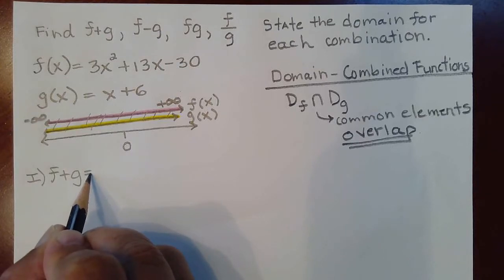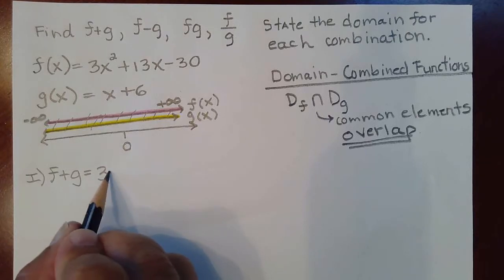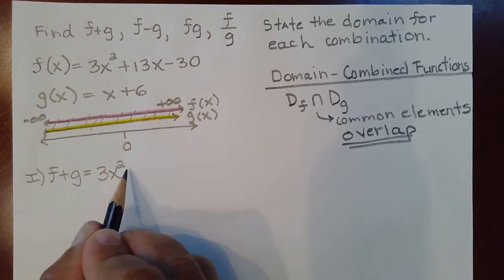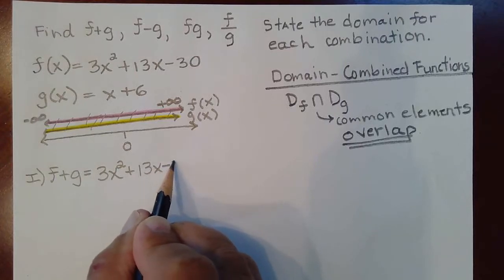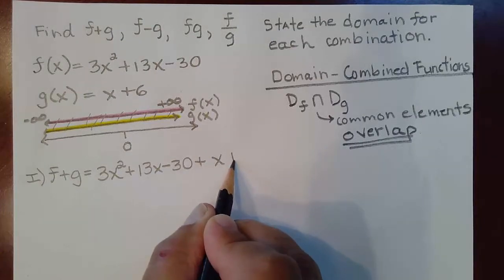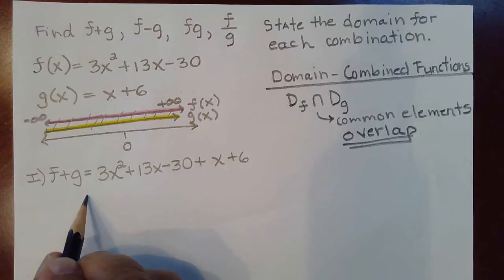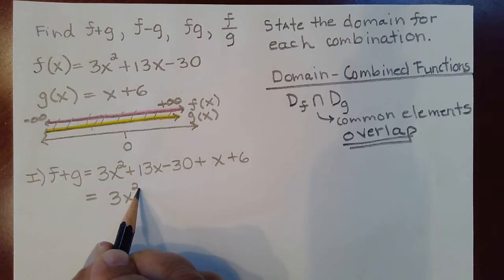And in the sum, we're just asked to add function f to function g. So as you can see above, function f is 3x squared plus 13x minus 30. And we're adding that to function g, which is just x plus 6. So all you're doing is combining like terms. You have one squared term.